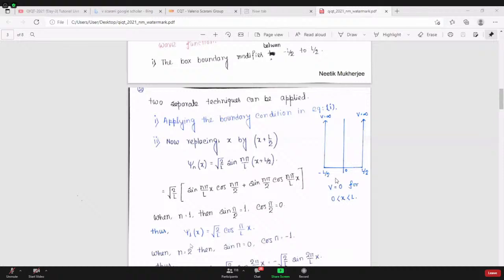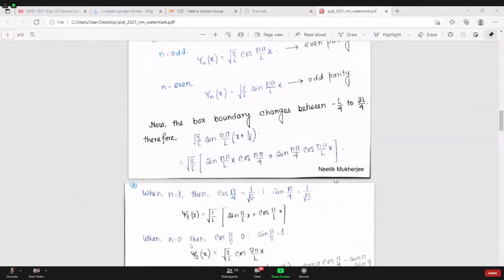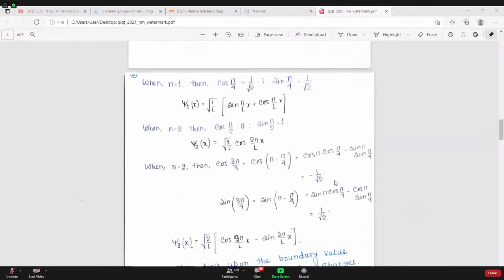That's what I'm saying. When you use minus L by 4 to 3L by 4, once the potential is infinite at 0, and once the potential is infinite at minus L by 4. So this is the point. The position of the boundary is changing. That means the potential becomes infinite at a different position, though your box length is fixed. At that time we have to integrate from minus L by 4 to 3L by 4. Then according to this, the wave function will be changing.